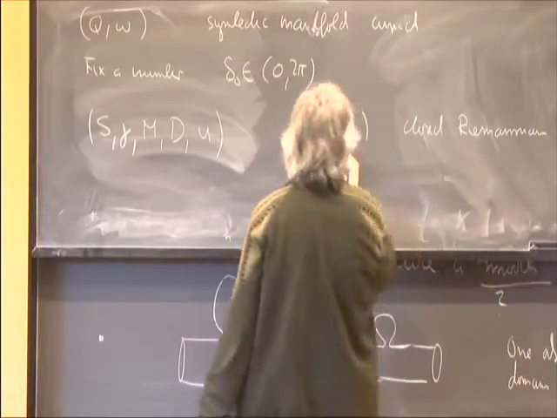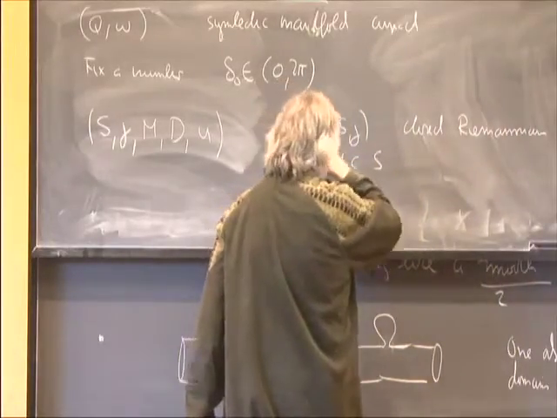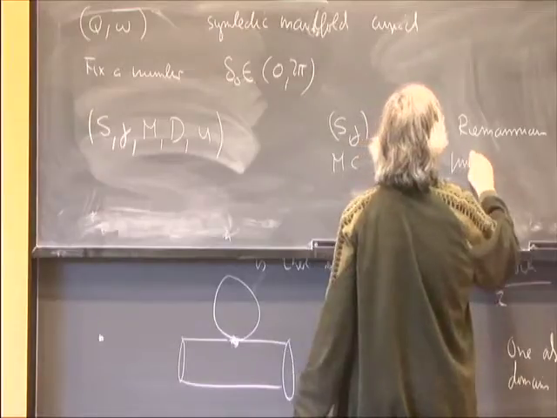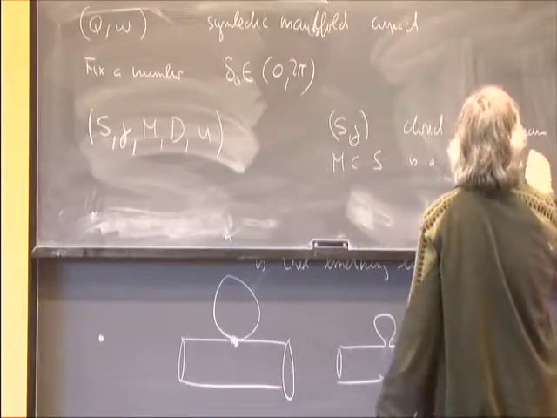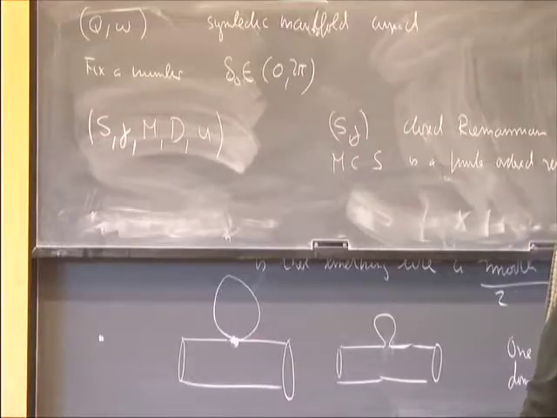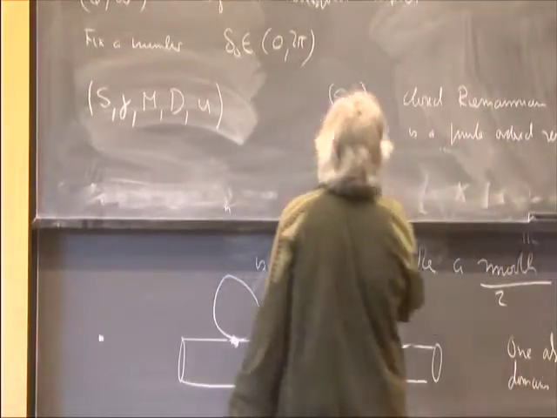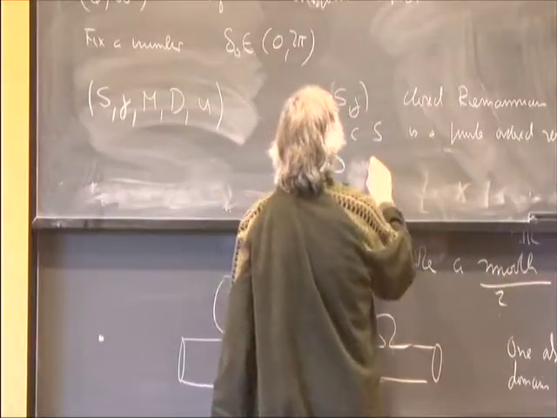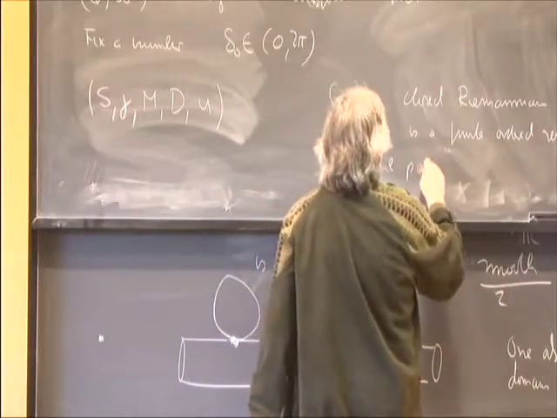Then M in S is a finite ordered set of marked points. D are nodal pairs.